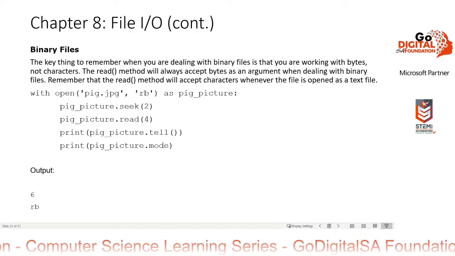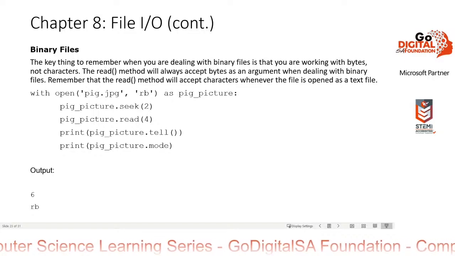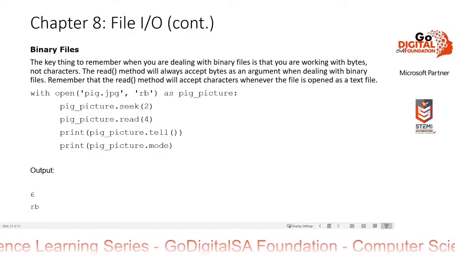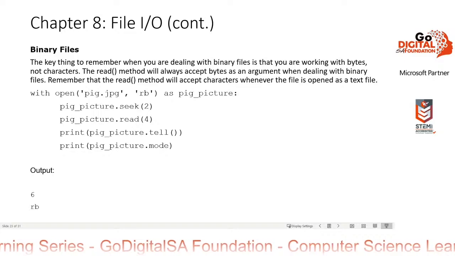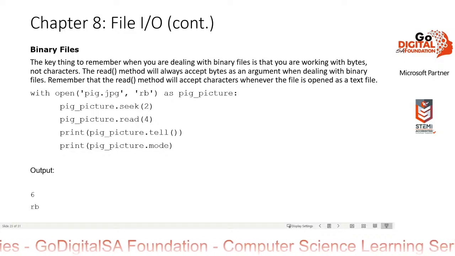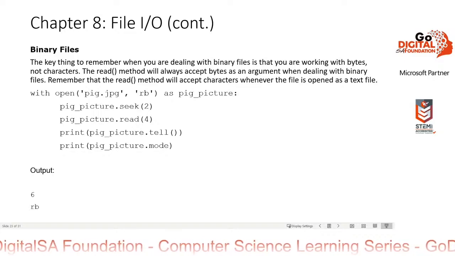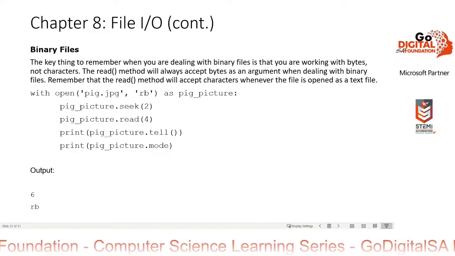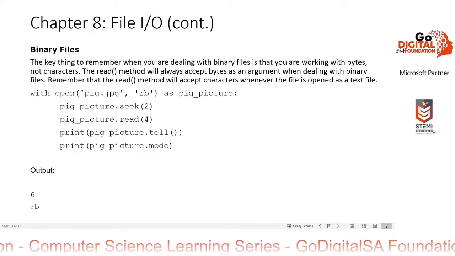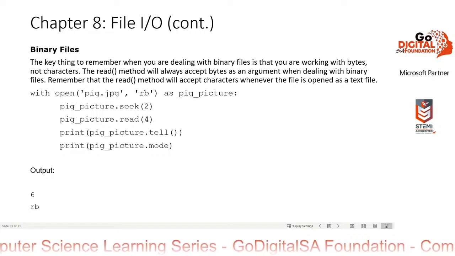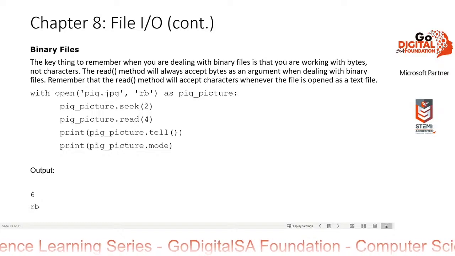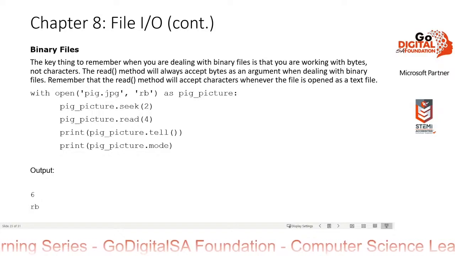So the file is opened as pig picture. When we say seek to, it moves to the second byte. We then read 4 bytes. If we print pig picture tell, it will show that we're at byte number 6 now. And if we show the mode, it shows that it's read-only binary.